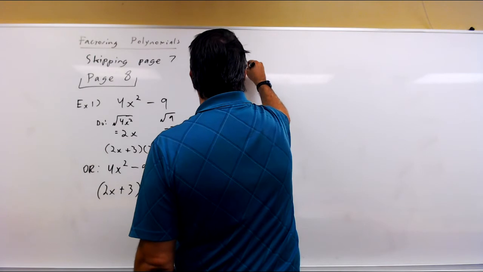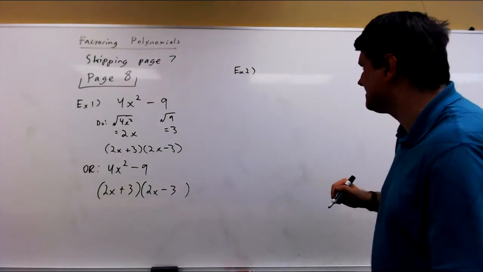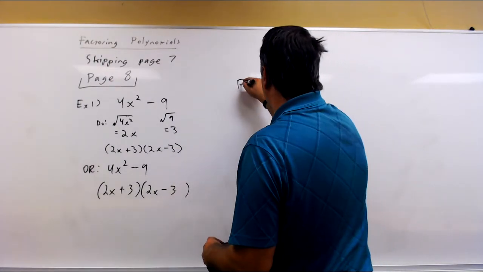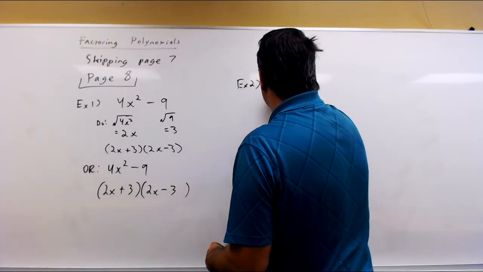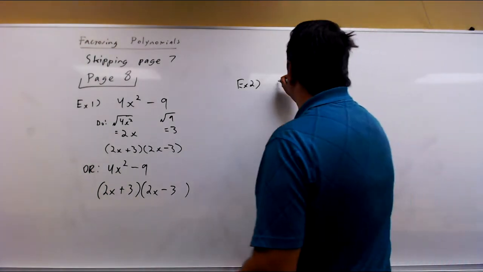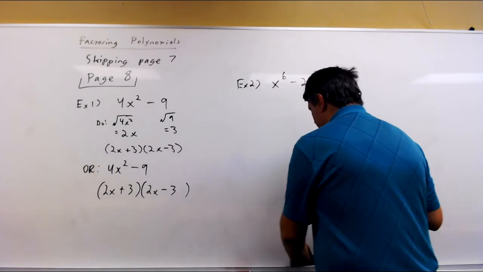Example 2. You have to put it lower because according to my camera I got a glare. Example 2. What does it say? x to the 6th minus 25y squared.